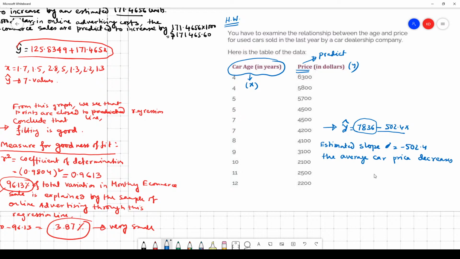The average car price decreases by 502.4 for each unit increase in x. That means in that example, for each year a car increases in age, the price decreases. So this is the interpretation of the slope for this particular problem. Yes, Pritam, this is due to negative correlation.